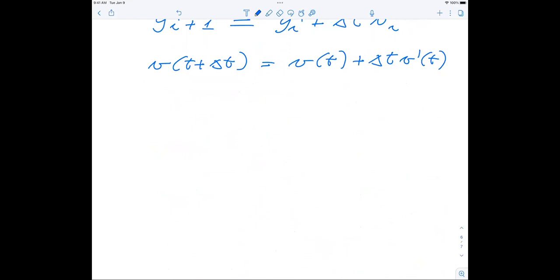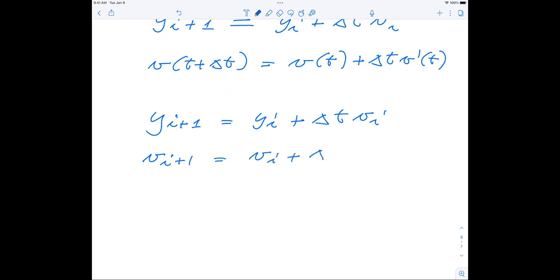The equations you can frame and put on your bedpost before you go to sleep, because these are some of the first equations we are going to implement, are y of i plus 1 equals y of i plus delta t times v of i, and then v of i plus 1 is equal to v of i plus delta t multiplied with the acceleration.